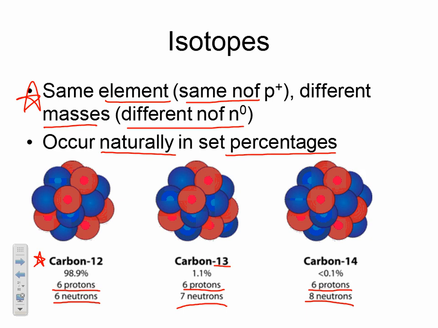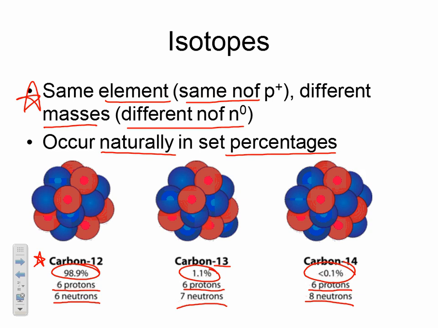But the thing is that these isotopes occur in predictable amounts, meaning if we were to take a sample of carbon, 98.9% of the carbon atoms in that sample would be carbon-12. 1.1% of them would be carbon-13, and a fraction of a percent, an absolutely tiny amount of them, would be carbon-14.